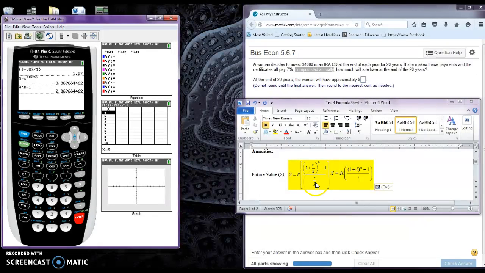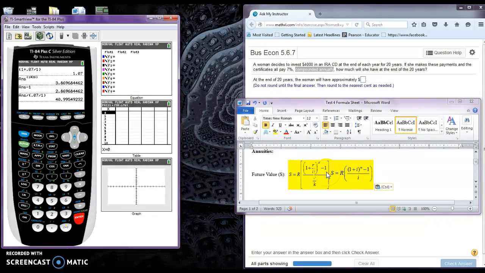Now I want to divide by. Here I do need to be careful how I type this in. If I type in more than one value here, my calculator may not do it correctly. So again, I'm going to use parentheses, and I'm going to do my R, which is my rate, divided by K, which was 1. Again, I don't really need that 1, but if that was something else, like a 4, then I would need to put it there and I would need parentheses.